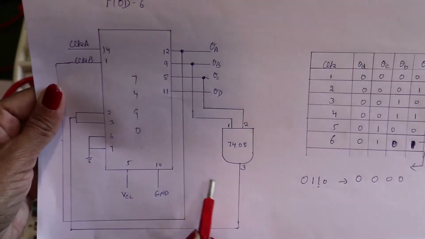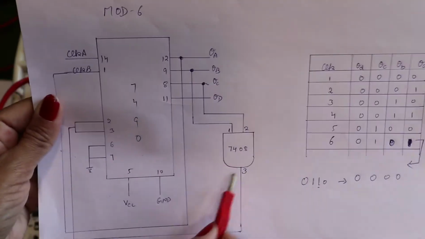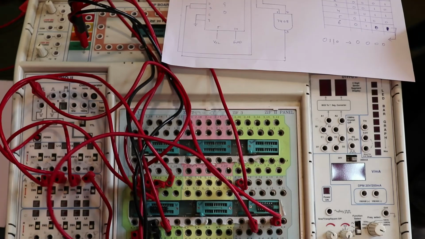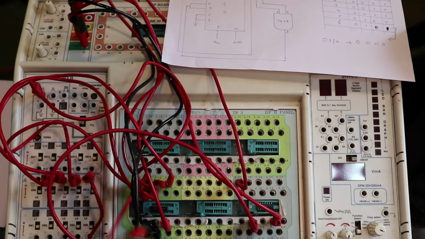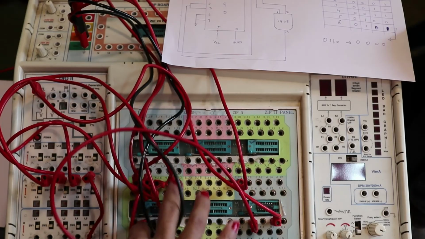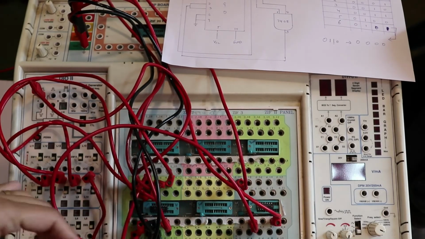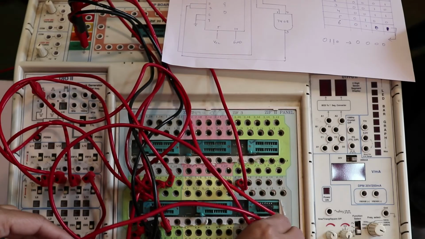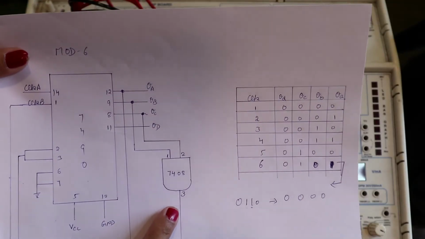So I can join 2 and 3 to OR gate output. I need to check. So here is the pin number 3. Pin number 3 of the first IC needs to be joined to the OR gate pin number 3. So we have completed this connection also.